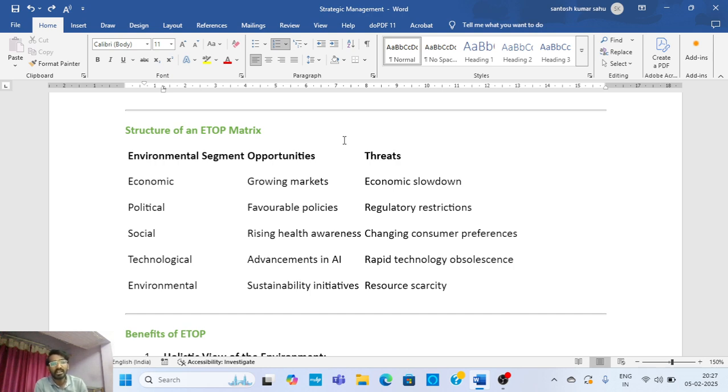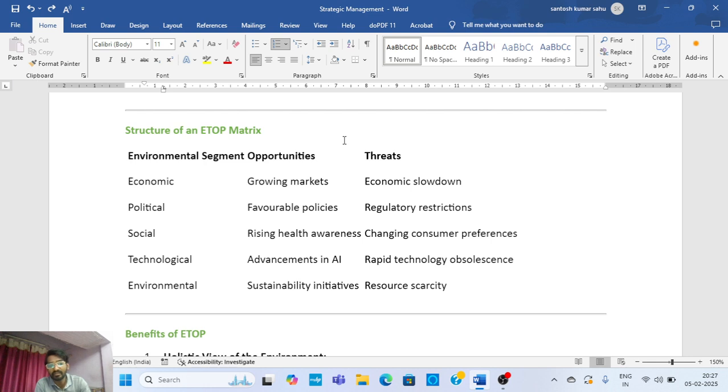Then we discuss the social environment, where the opportunity is rising health awareness and the threat is changing consumer preferences. If we discuss technological, then the opportunity is the advancement of AI, and the threat is rapid technological obsolescence.